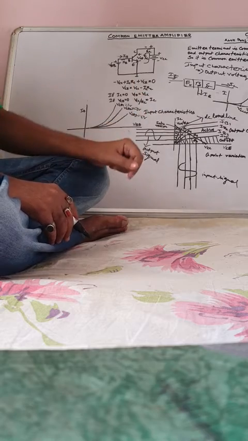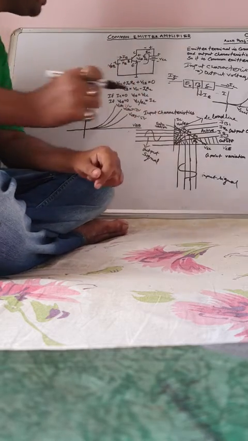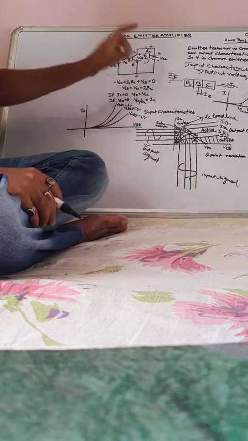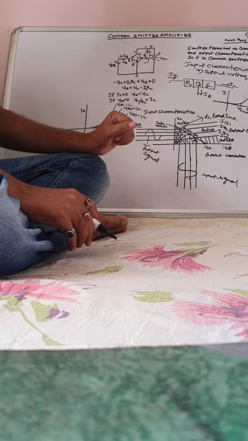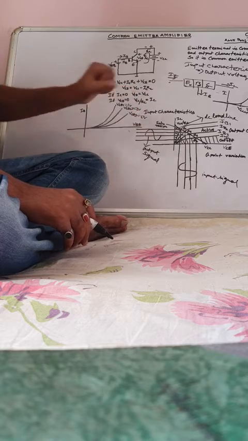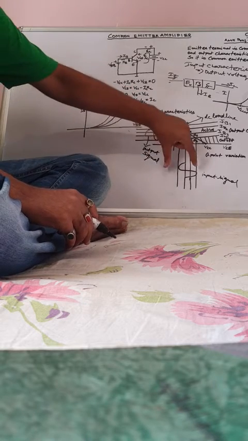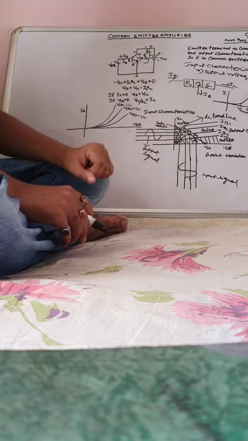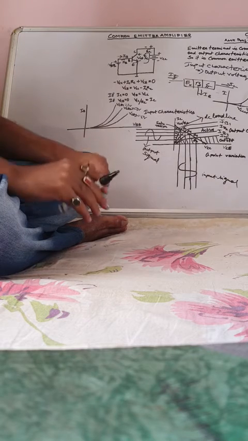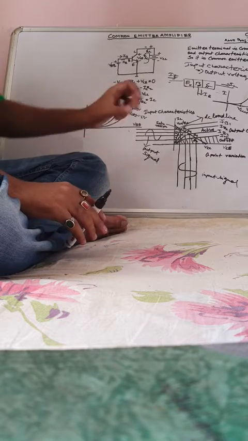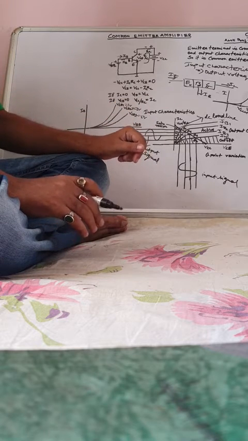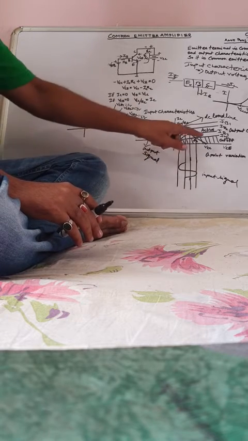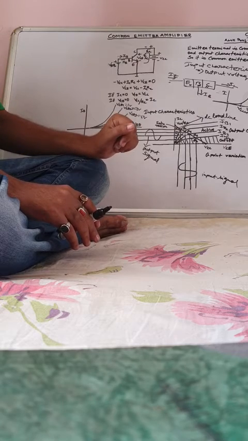You get amplified. Here your circuit acts as a common emitter amplifier. So we have designed an amplifier based on the output characteristics of common emitter configuration.